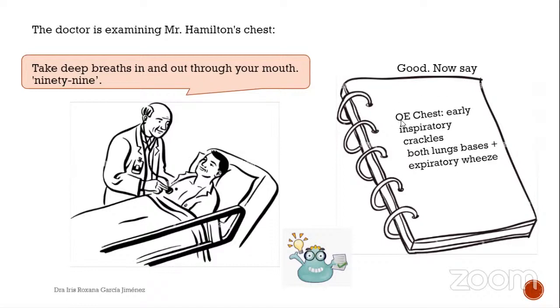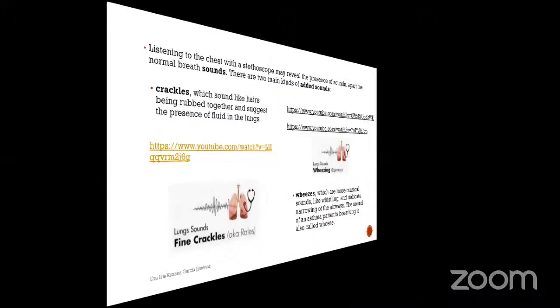On exam, chest, I mean the place where we had a finding: early inspiratory crackles, both lung bases, plus expiratory wheeze. So you can check, we are not describing normal findings. We are not describing non-pathological situations. Only the pathological findings, of course in medical terms, avoiding the information we don't really need at the moment.